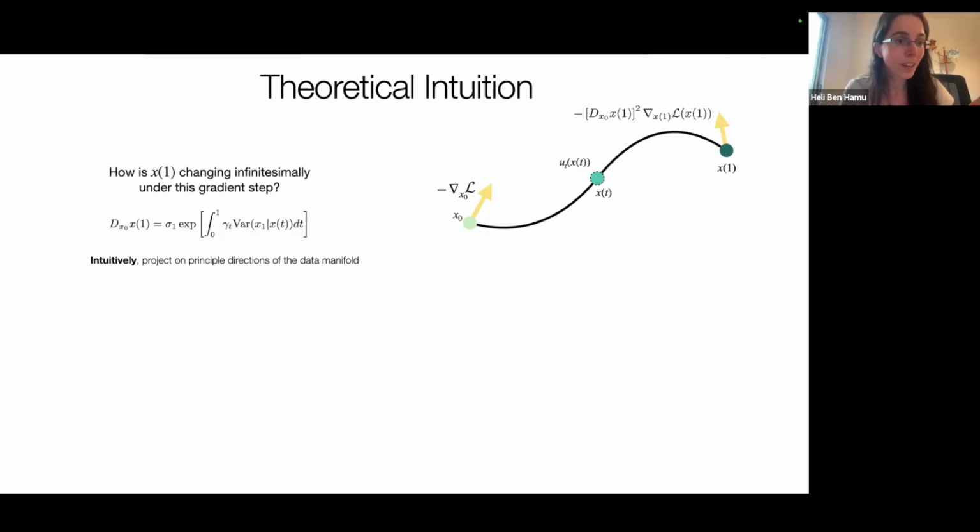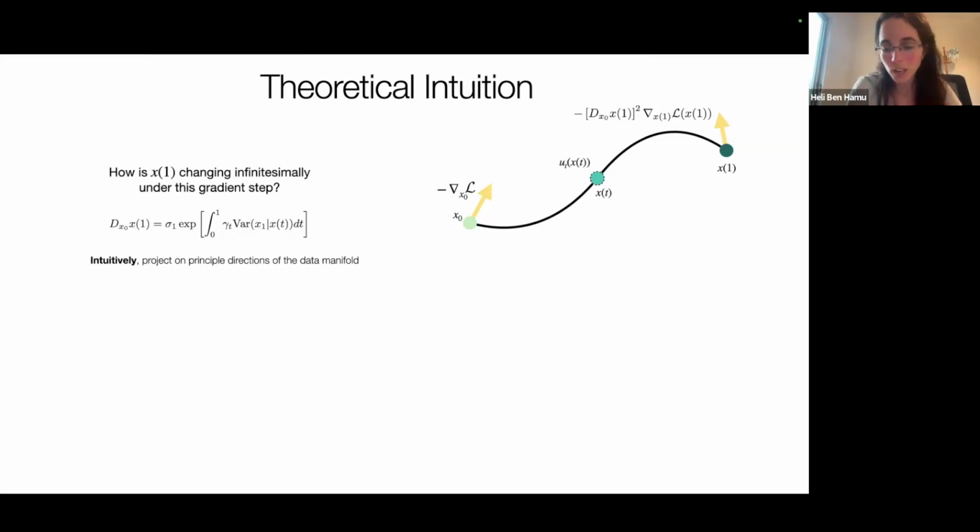As we move along in the generation process, the variance gets smaller and smaller, because at the end of the generation, x1 given xt is going to be very concentrated around x1. So we can think of it as, in the beginning, a projection on the principal components of the data.